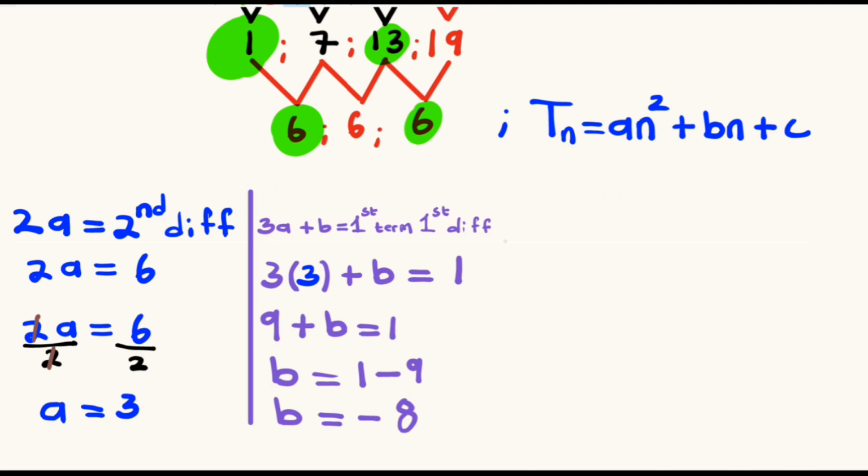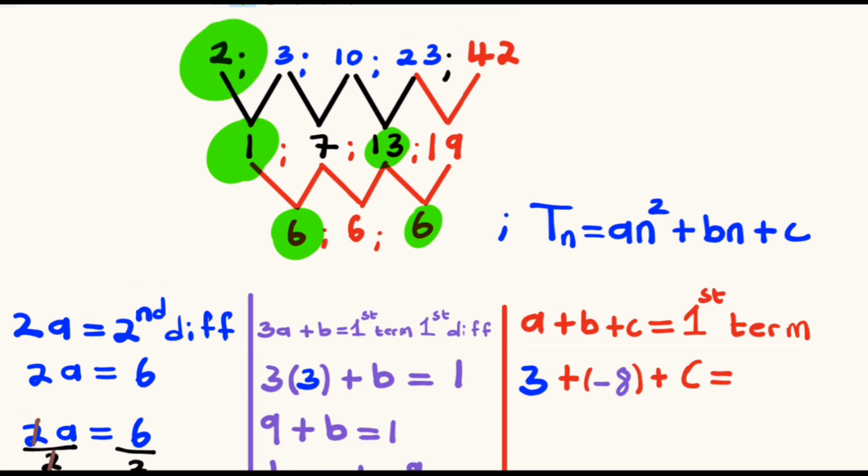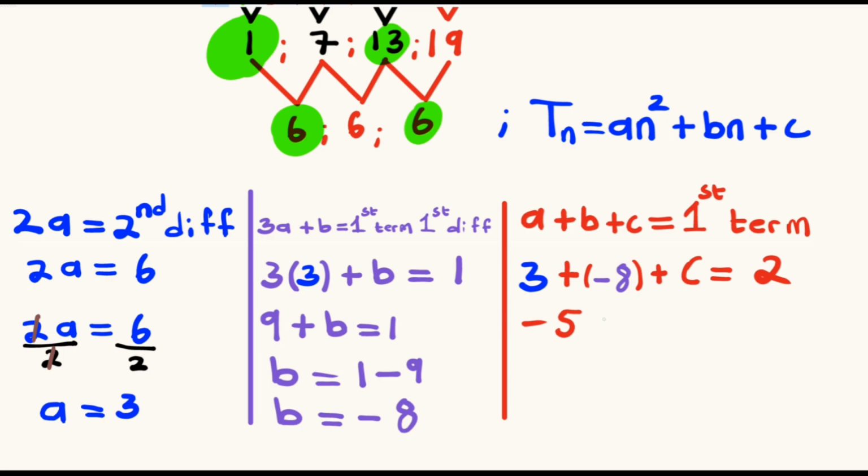For the quadratic number pattern, we have a plus b plus c is equal to the first term of the pattern, and our a we determined is equal to 3, and our b is equal to negative 8, plus c is equal to the first term, and the first term is equal to 2. 3 plus negative 8 will be equal to negative 5, plus c is equal to 2.